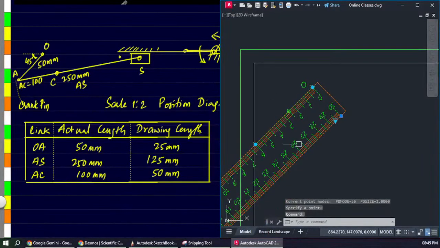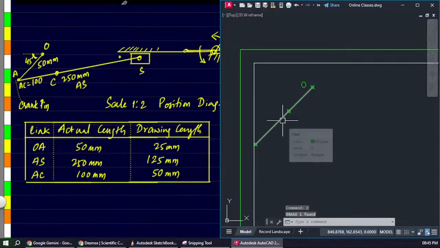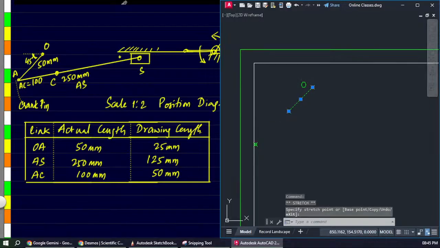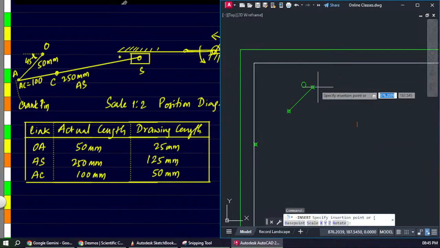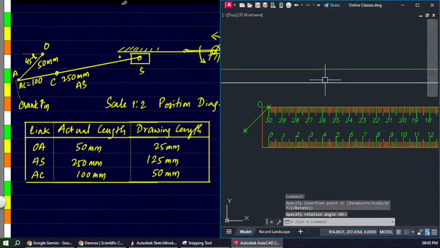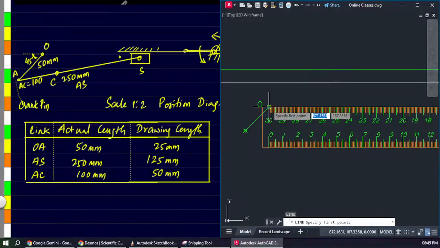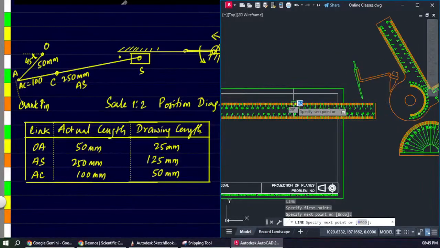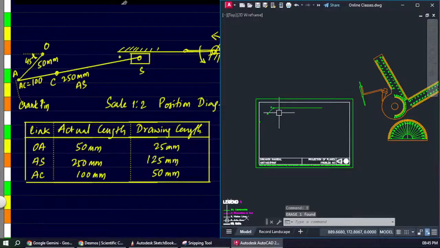So this is where we will need it. We will need the line only till here. So this is our crank length. Next we will have to draw a horizontal line. So let's quickly take our scale right here, and draw a horizontal line like this.